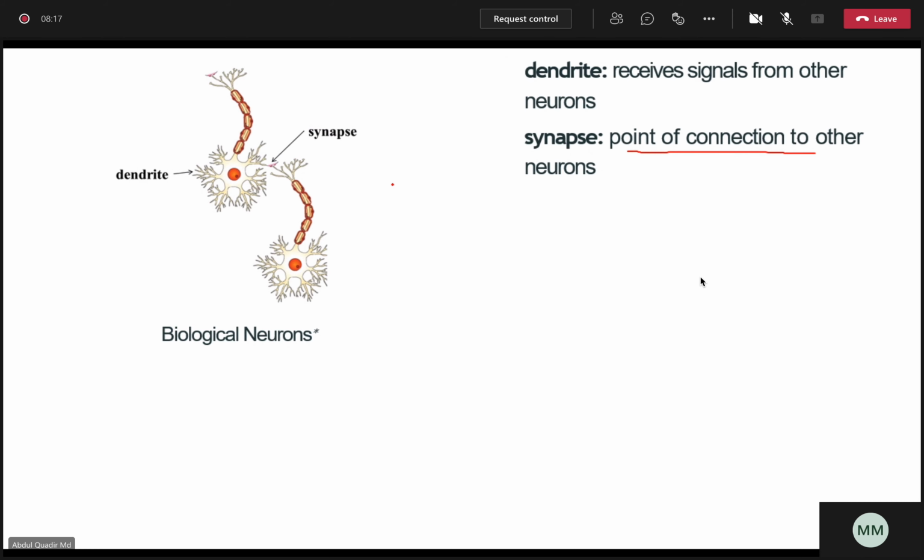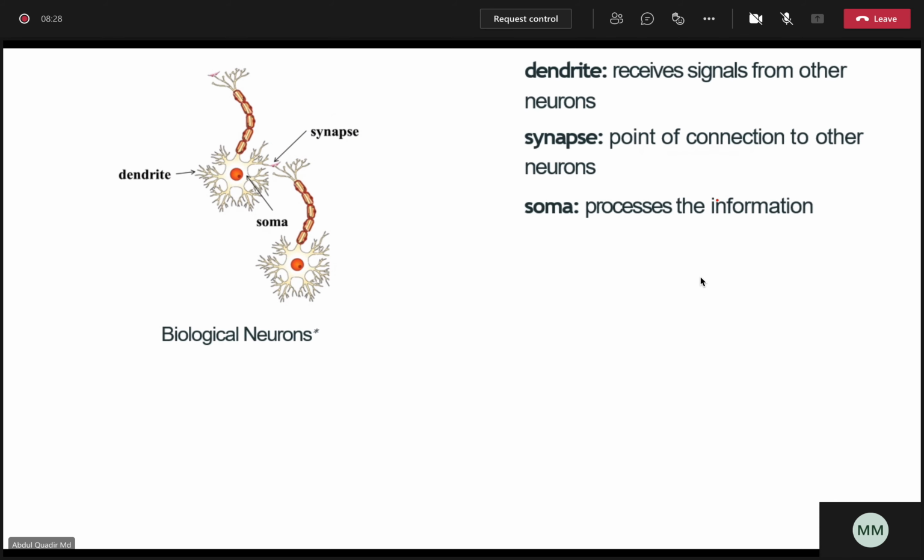The point of connection to the other neurons is called a synapse. Can you see the point of connection? The point of connection is called a synapse. Then the soma, can you see this one? The main one. It processes the information.